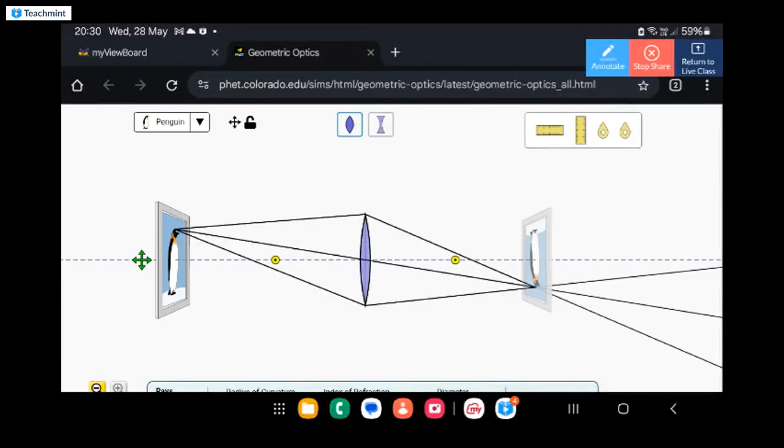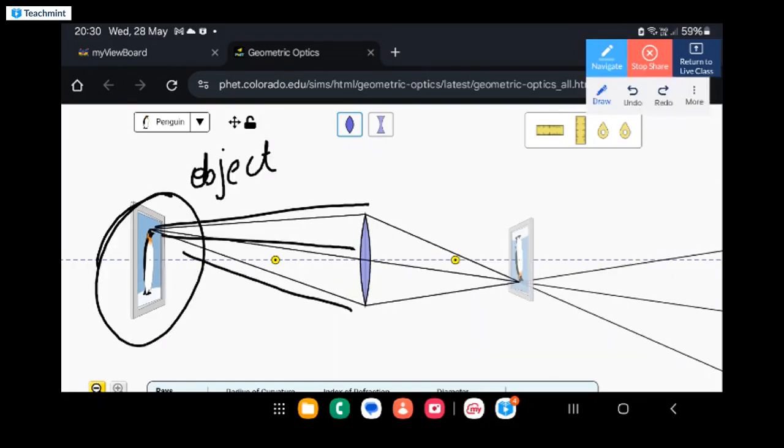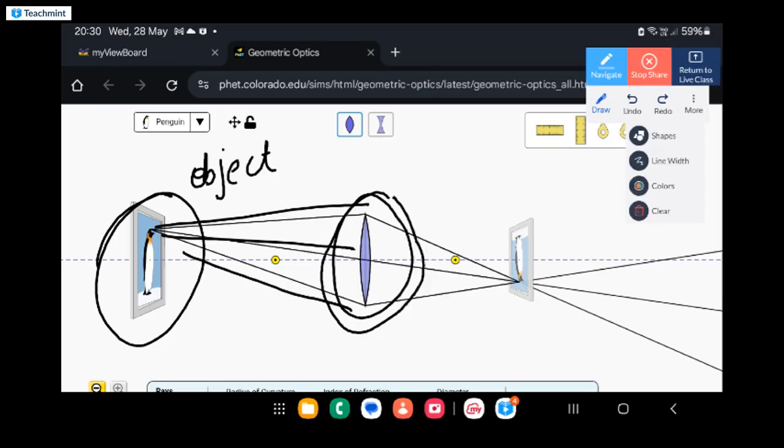Now we're just understanding two concepts. We're not doing the whole diagram, that we will be doing tomorrow. The thing that you see on the left side is the object. The rays coming from that object are the incident rays. They hit the convex lens, and then come out getting refracted.